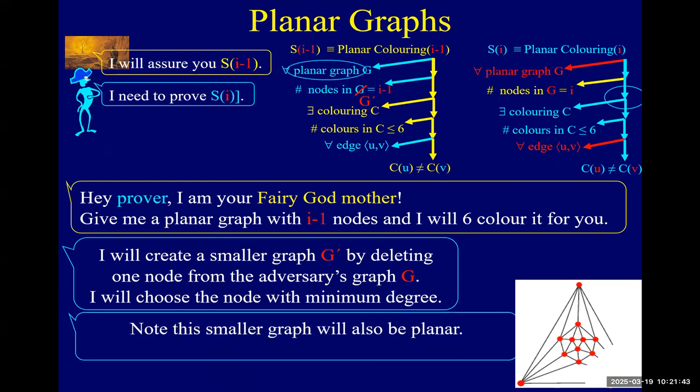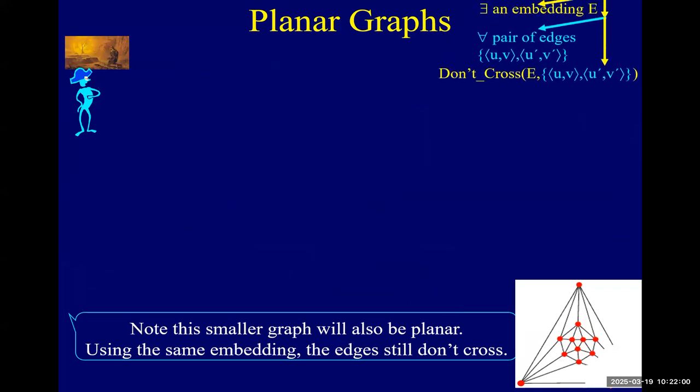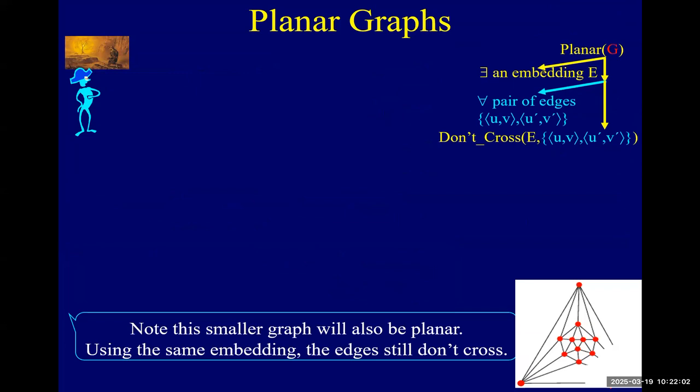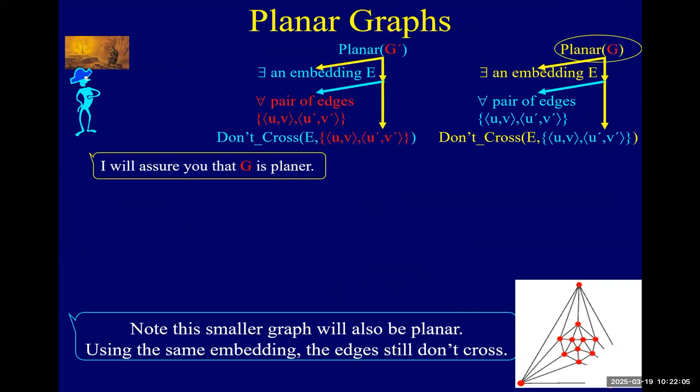Now, a little side here is I have to make sure I'm giving her a planar graph, right? So I go into this, and I don't know if we go back into the definition of planar graph or not, but let's see if we do. Oh, sure enough, we do, right? So here, somebody's assuring me that the graph I got from the adversary is planar, right?